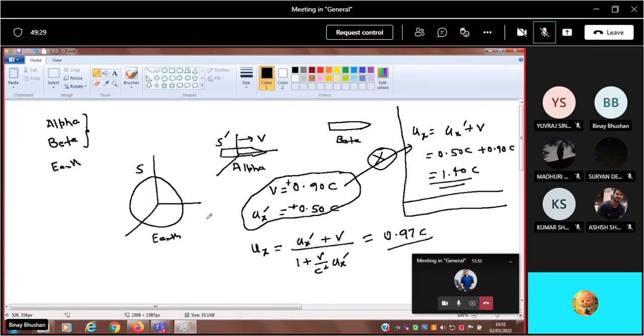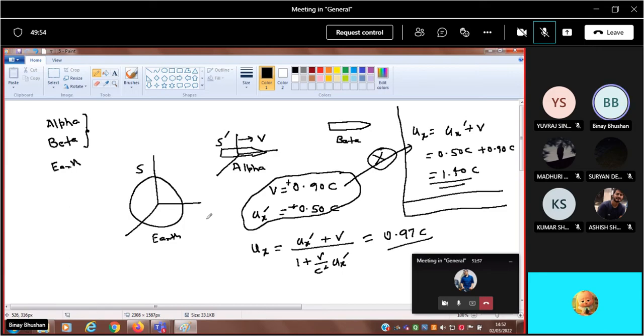And if we apply Newtonian mechanics here, then we get that spacecraft beta is moving with a speed greater than the speed of light in free space. This is not possible. Right? So here we cannot apply Galilean transformation.